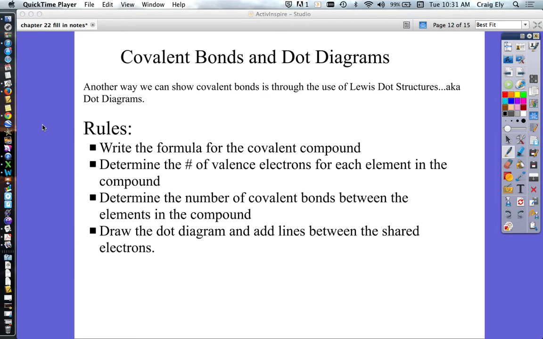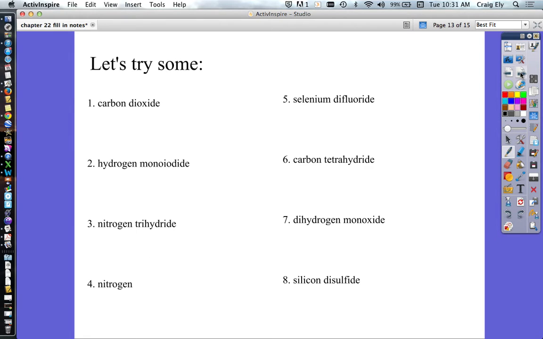In other words, you're going to determine how many pairs of electrons are going to be shared between the two elements, or 2, 3, 4, however many elements in the compound. And then we just draw the dot diagram, and then we use lines to show the shared electrons. All right, that might not make a lot of sense to you right now, but we're going to try some, and it'll make more sense to you here in just a minute. All right, so let's go ahead and try some.